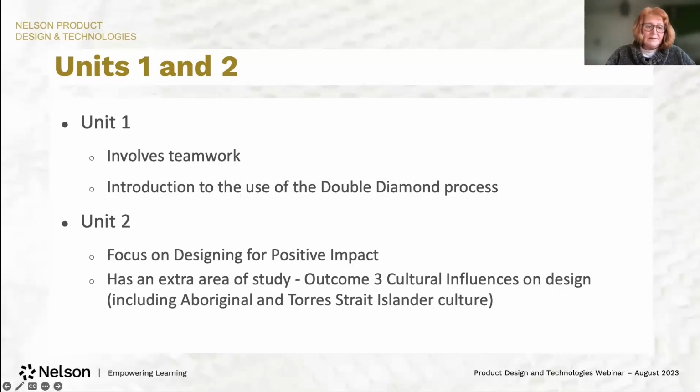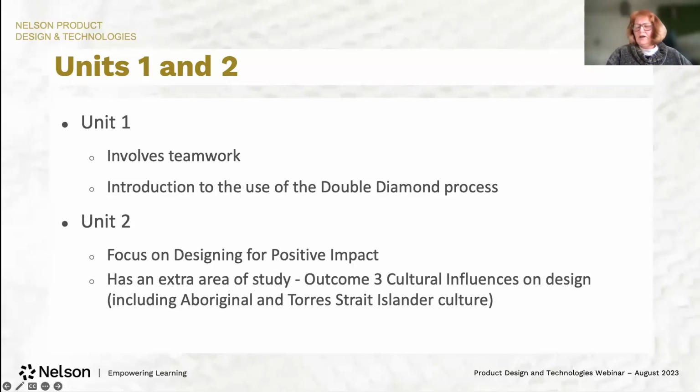There are 2 outcomes in Unit 1. The first outcome is very much based on designing with empathy, design thinking, looking at the problem, and the second section is about creating solutions for the problem.